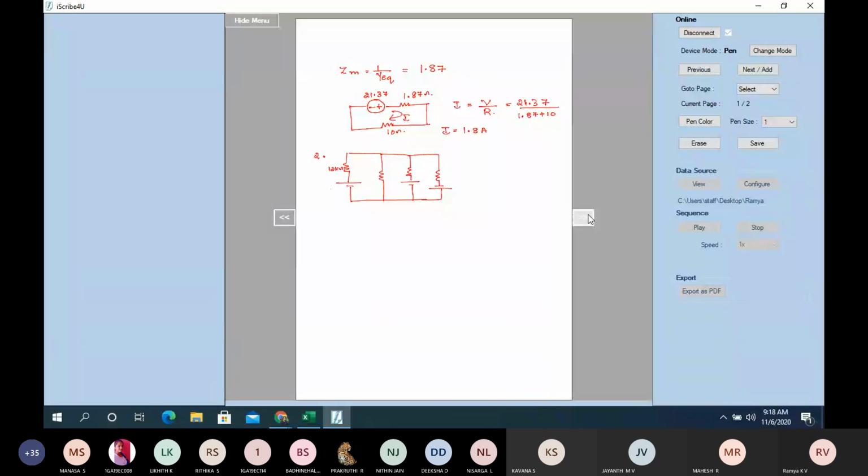Twelve kilo ohm, 48 volts, 2 kilo ohm. Find output voltage E naught using Millman's theorem.